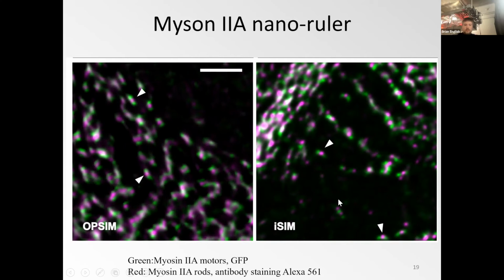The Burnett lab has seen it with their ISIM and could nicely resolve it. I think they're also at Janelia and used the original Gustafsson 3D SIM to see these structures. They sent us a fixed sample, and we could also resolve them with the OPSIM. So this is a nice biological ruler, at least for SIM techniques, to show that also in a biological context, you get to that resolution level.